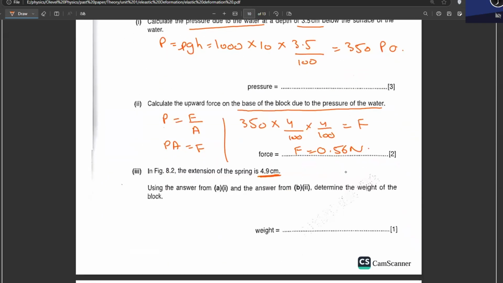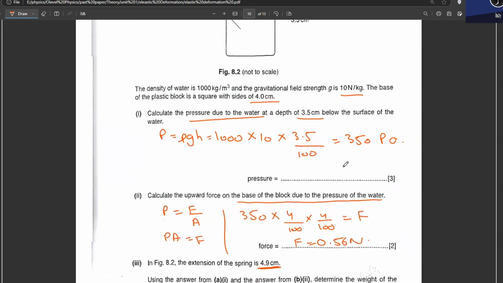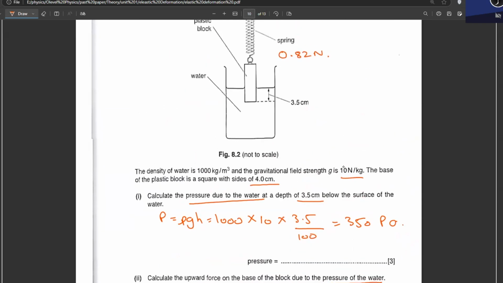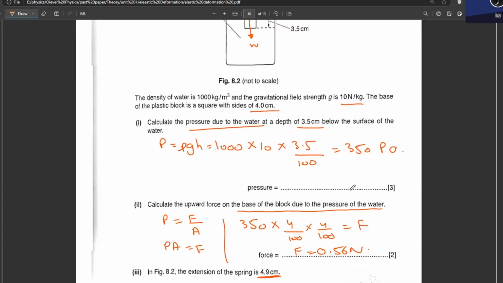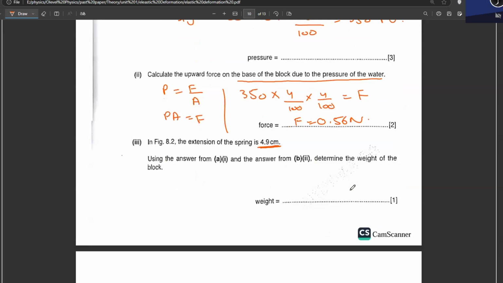Use your answer from part A and part B2 to determine the weight of the block. So the weight of the block might be acting like this. This is your weight of the block. That's pretty easy.